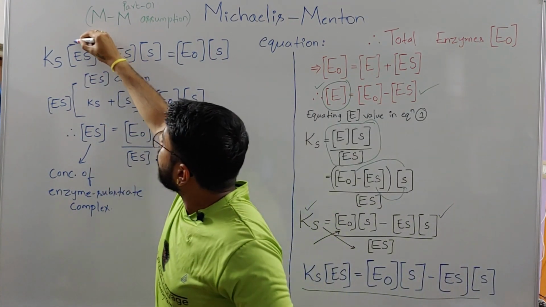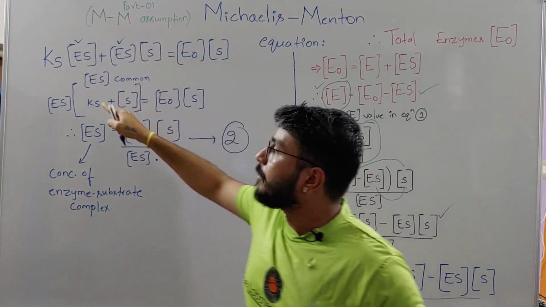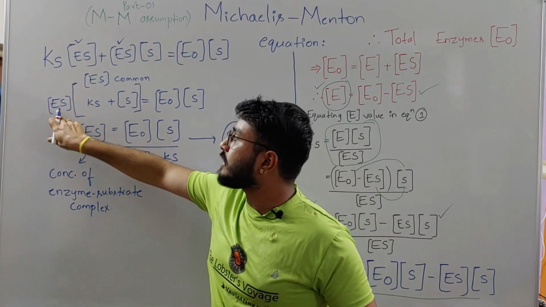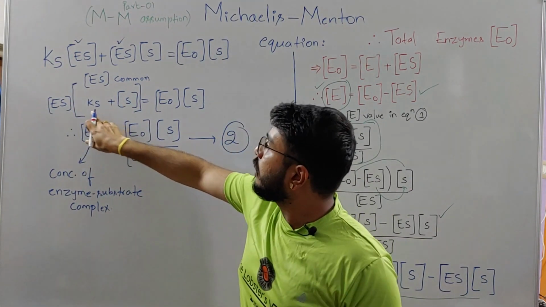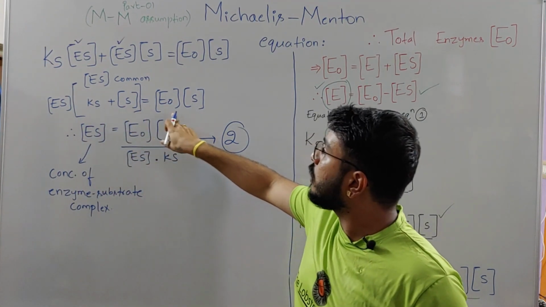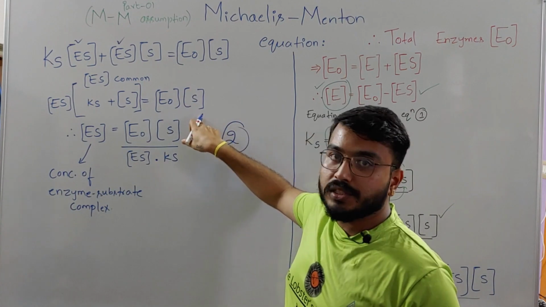In this, the ES complex is a common factor. That is why I am taking the ES out, and when you take the enzyme substrate complex out, you get to write the dissociation constant plus the substrate concentration, which is equal to E0 into substrate concentration.